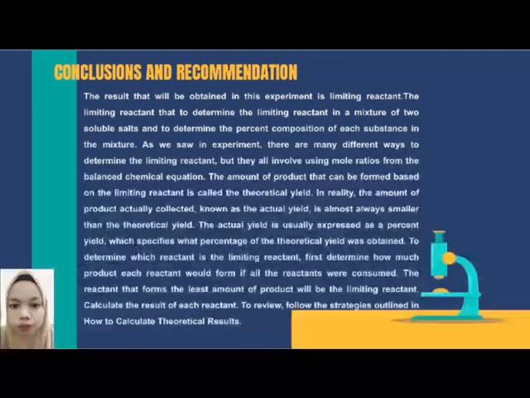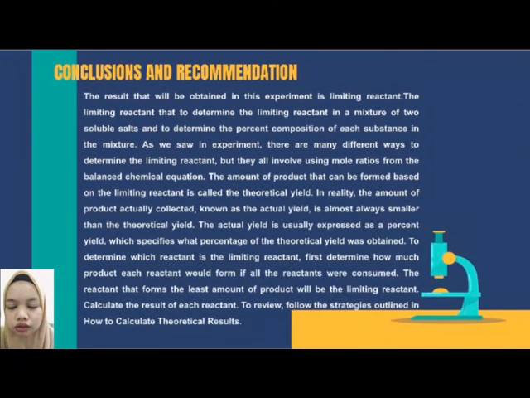The amount of product that can be formed based on the limiting reactant is called the theoretical yield. In reality, the amount of product actually collected, known as the actual yield, is almost always smaller than the theoretical yield.